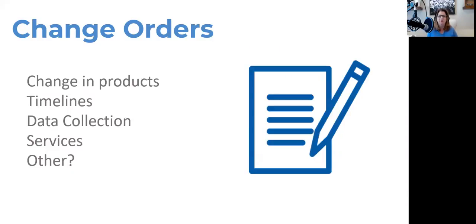So somewhere along the line, I went, if they ask for something outside the contract, I think we need a change order. It just specifies, you have asked that we do what? Provide a training for your staff, attend a workshop with you, change data collection, anything that triggers a change order.